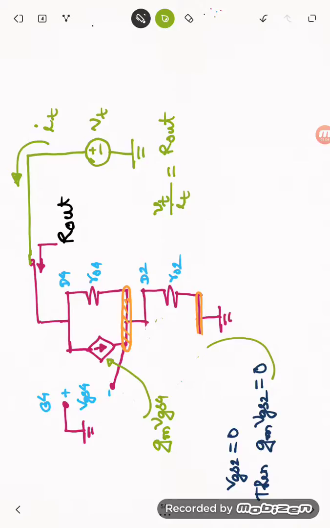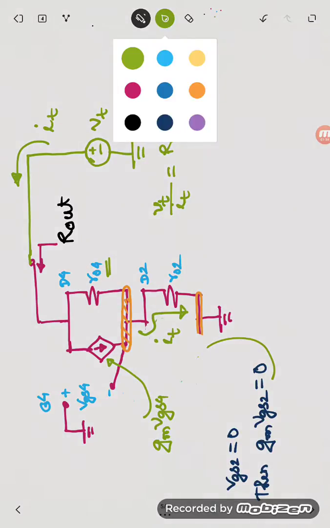So if you look at this circuit, you have this IT current flowing through the gm VGS4 current source and R04, but then it is coming back over here, right? So this current is also equal to IT.